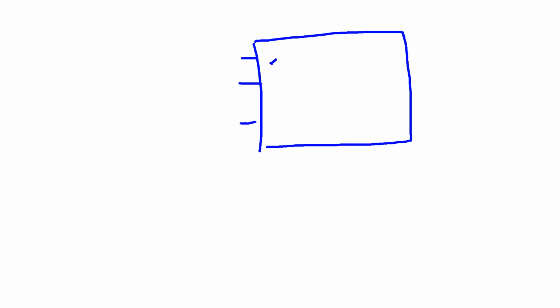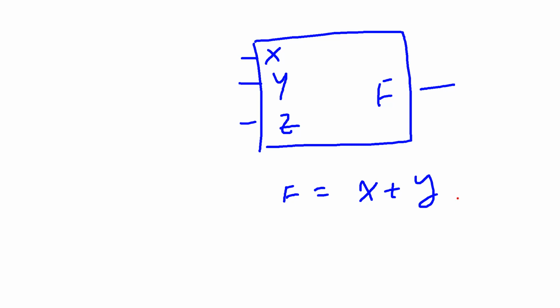And how about this? Let's consider another example, with x, y, z again, and f. If my expression is x plus y, how many input combinations make the output 0? This function will be 0 when x is 0 and y is 0.